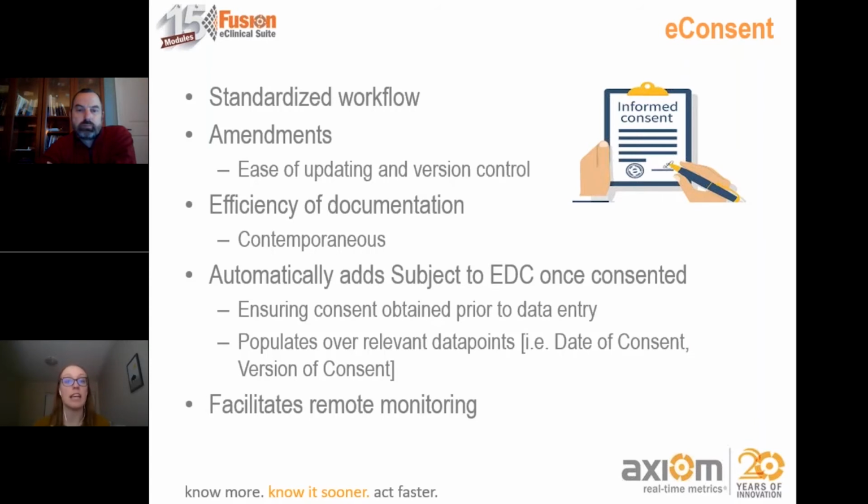For amendments, there's that ease of updating and version control. You don't have to be concerned about whether each site or region is using the correct version of the informed consent. There's also efficiency of documentation that's contemporaneous, so there's less paperwork.